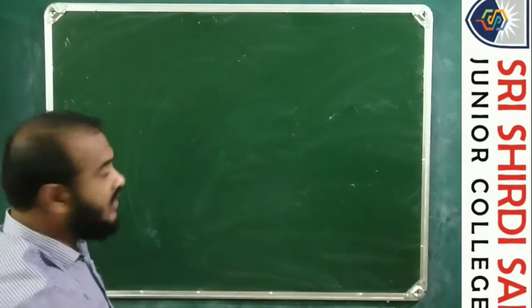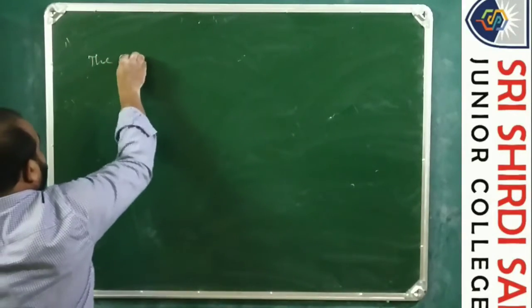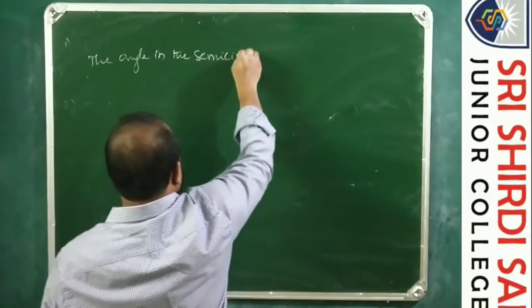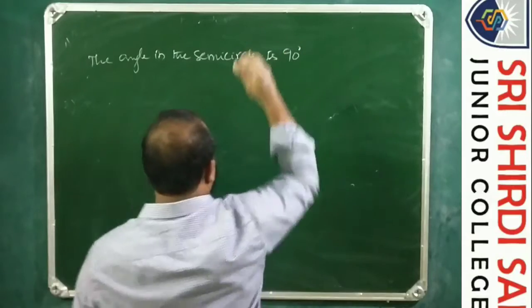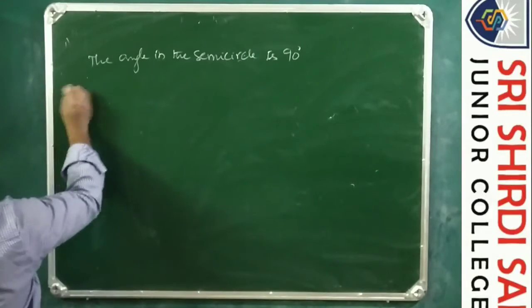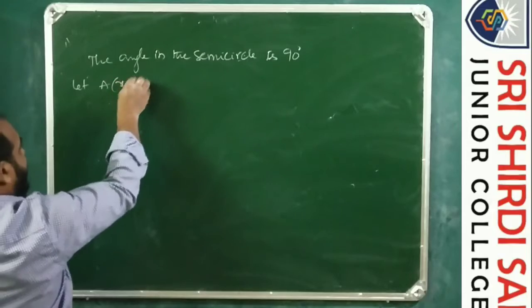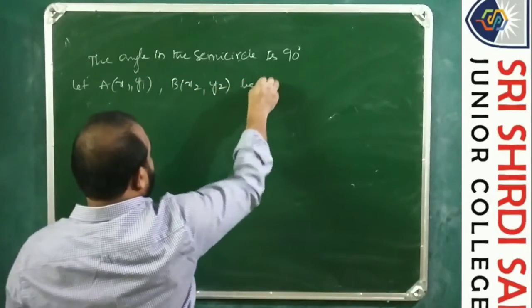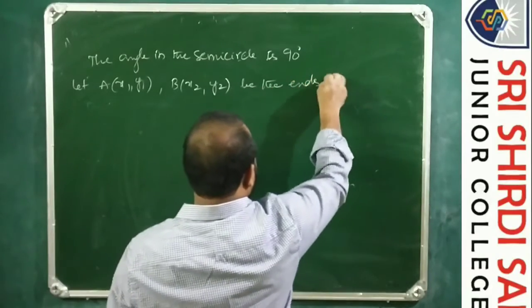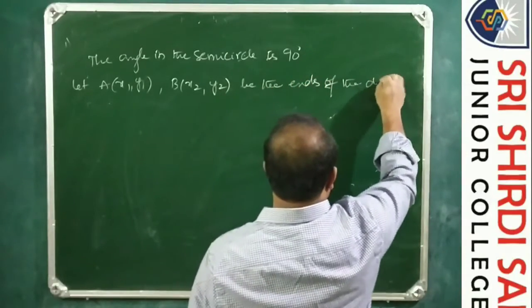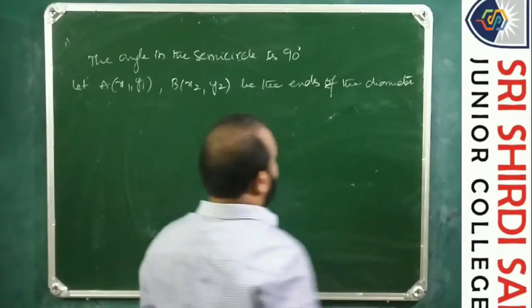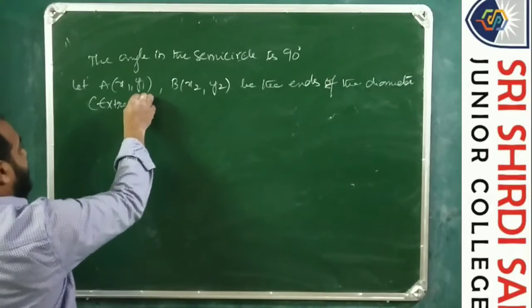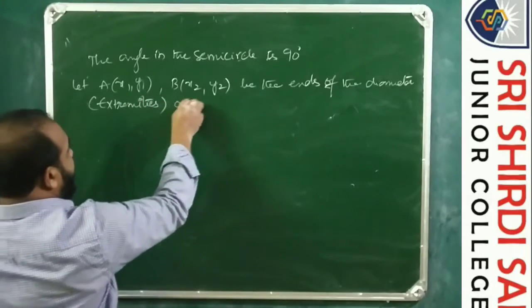Just as we have discussed, the angle in a semicircle is 90 degrees. So let A(x1, y1) and B(x2, y2) be the ends, or the extremities, of a diameter.